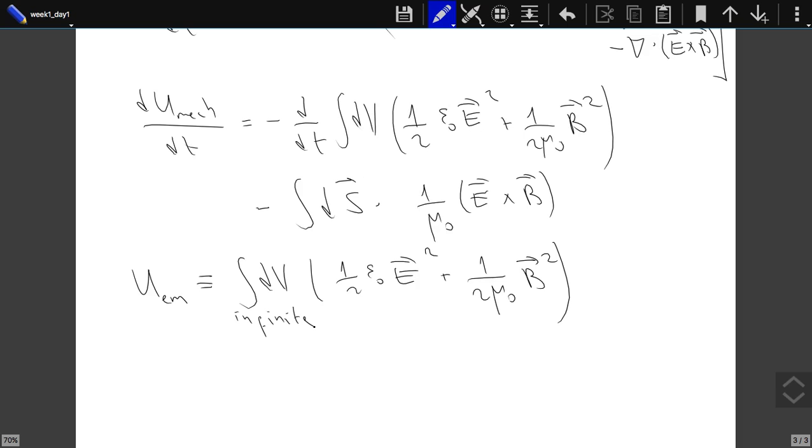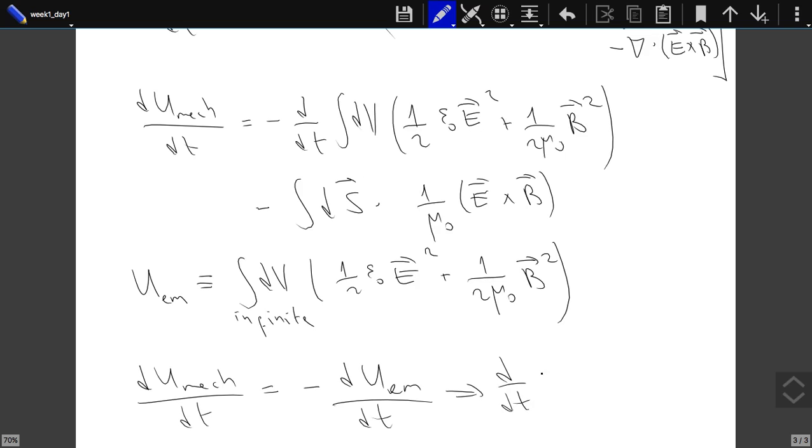If I take my volume to be infinitely large, then at infinity, the E and the B fields will go to 0. And then this surface integral will be just 0. I'm left with the top part only. And that will tell me that dU mechanical by dt is equal to minus dU electromagnetic by dt, or d by dt of U mechanical plus U em is equal to 0.